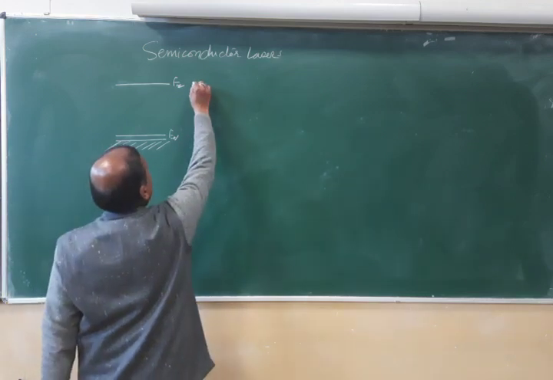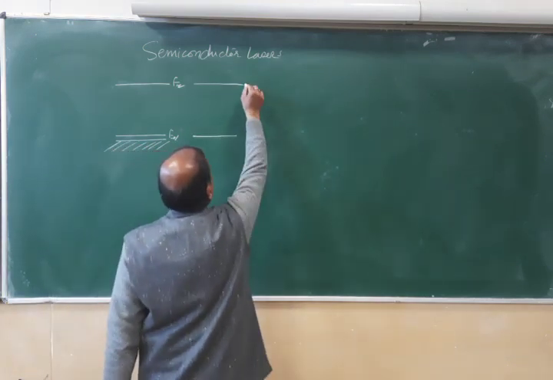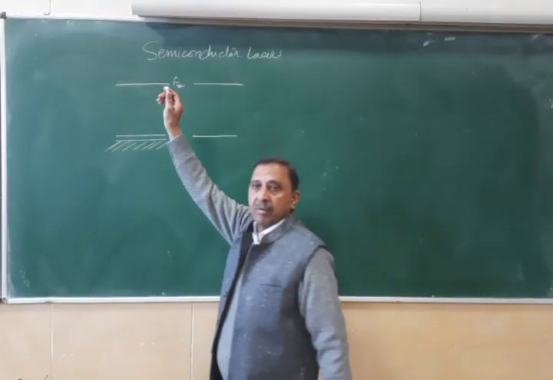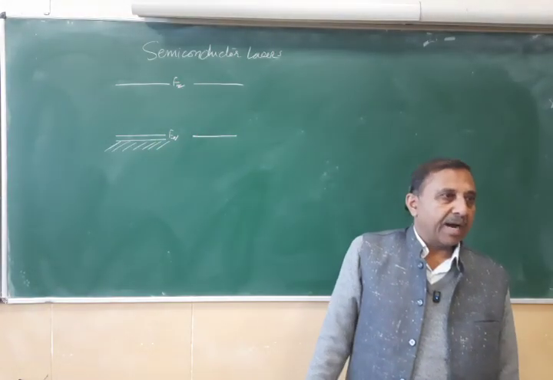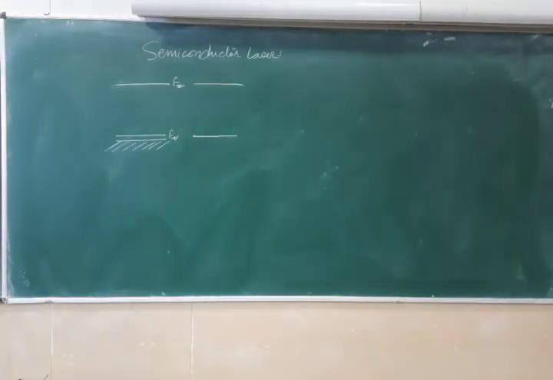Similarly, you have n type material. In n type, the Fermi level approaches the conduction band, and when we make more and more doping, heavy doping, then the situation will come that the Fermi level will merge inside the conduction band.